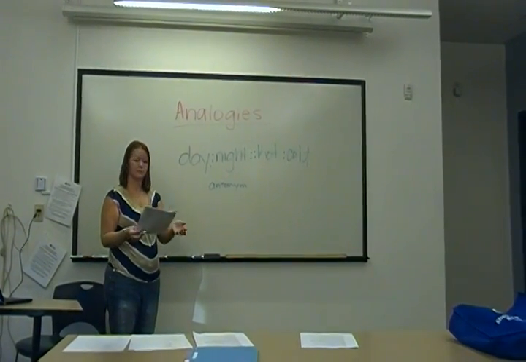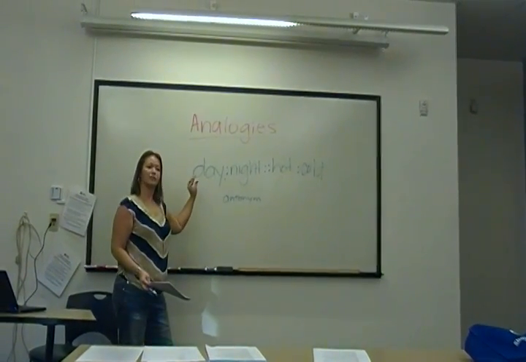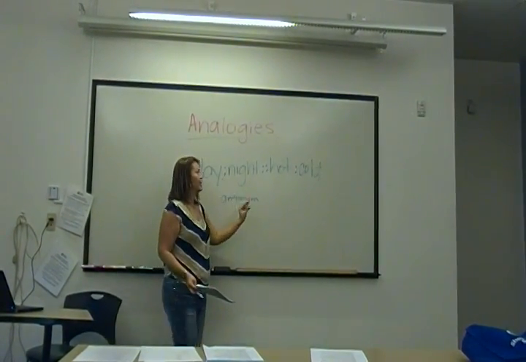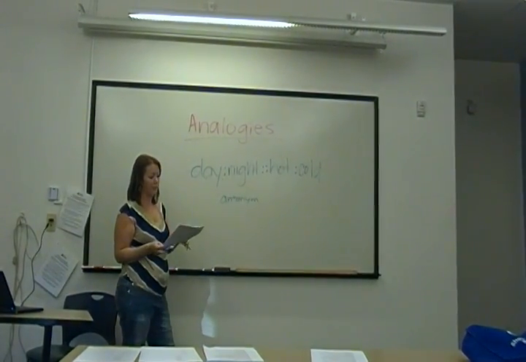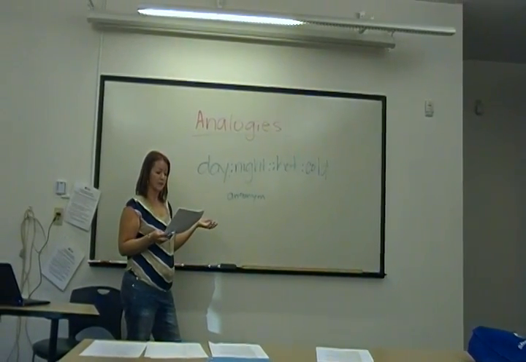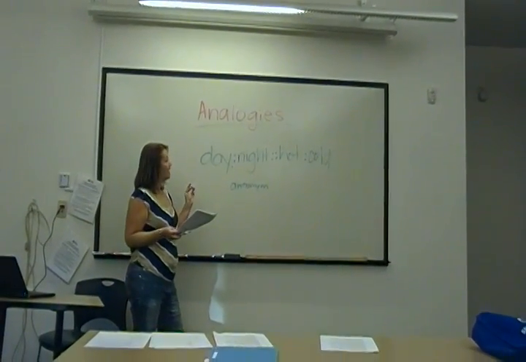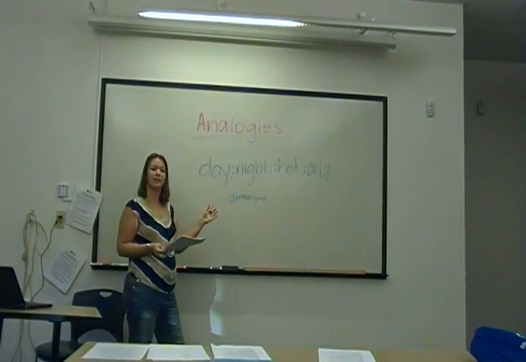And the answer is yes. So the relationship between the first set of words is exactly the same as the second set, and that's true of every analogy. So another possible way to read this analogy is, day is the opposite of night, just as hot is the opposite of cold.